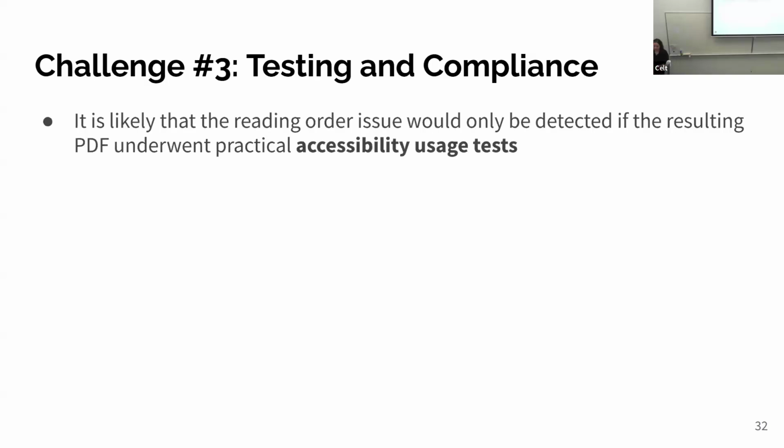So it's likely that the reading order issue would only be detected if the resulting PDF underwent practical accessibility usage tests. In other words, someone actually opened that PDF using assistive software.